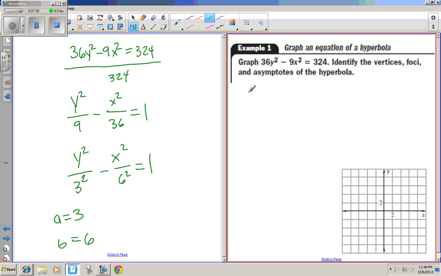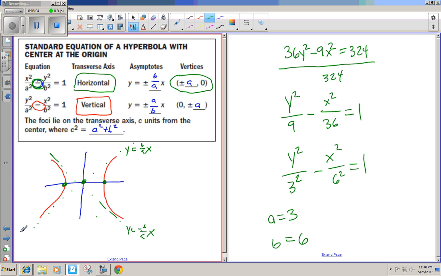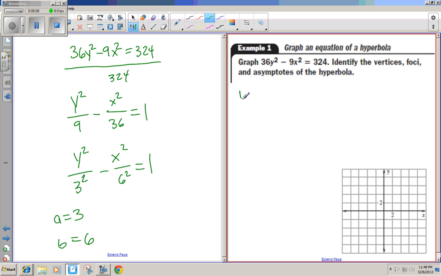So when it asks to identify the vertices, the vertices are at 0, plus or minus 3.